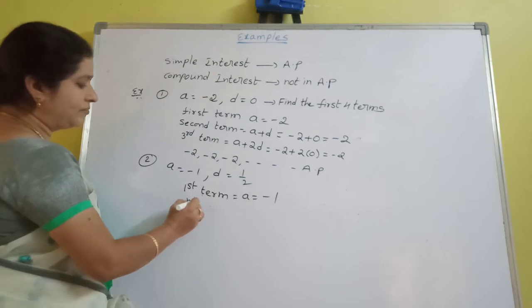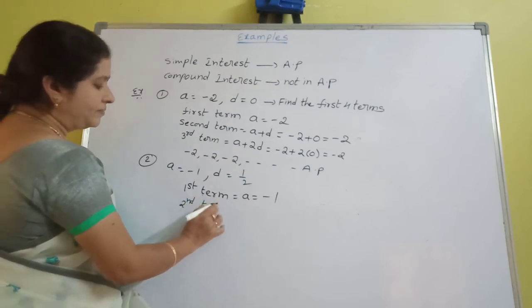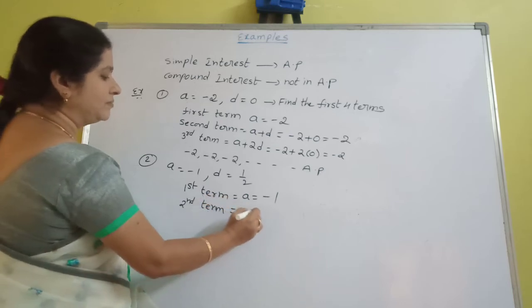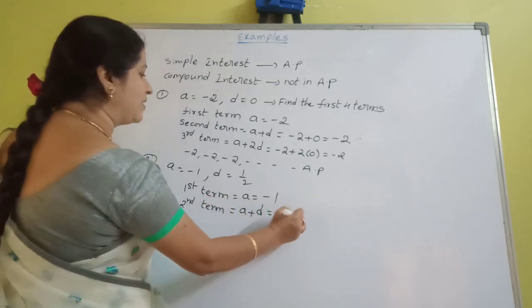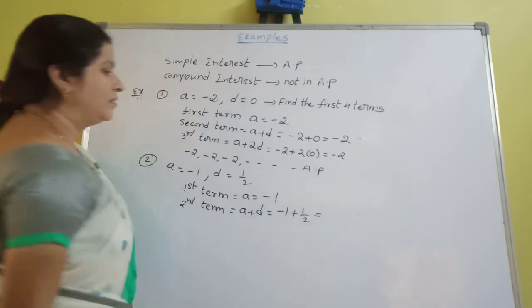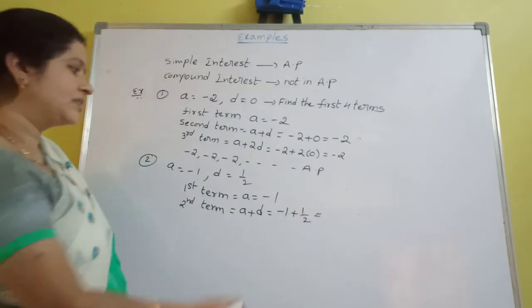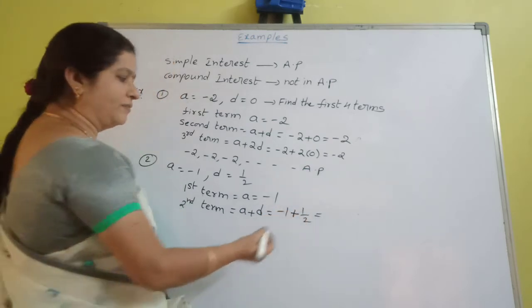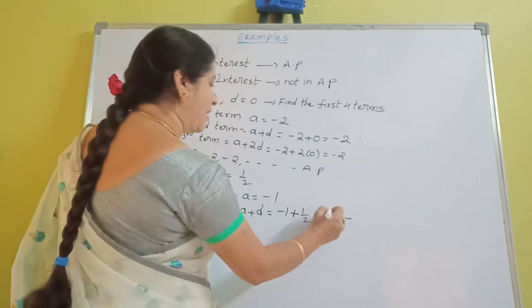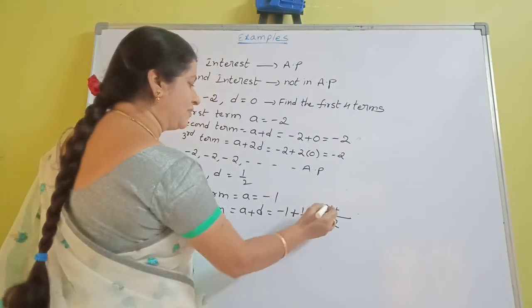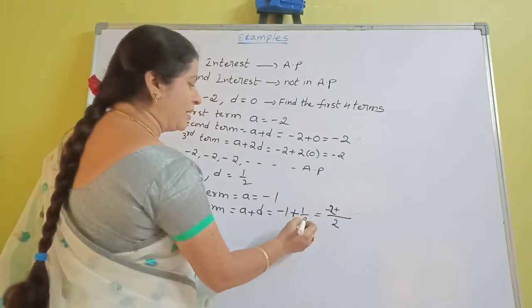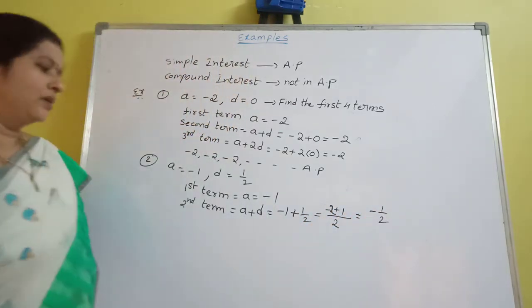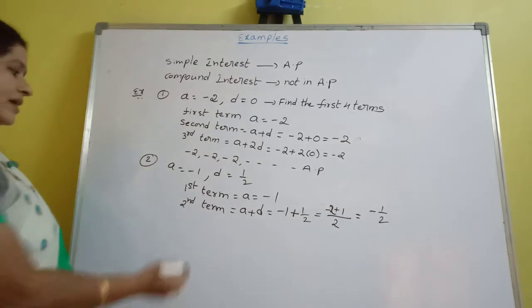What is the second term? How can you find the second term? Apply A plus D. So A value -1, D value 1/2. If a fraction is given, you calculate carefully. Okay. -1 plus half. 2 is the LCM. -1 into 2 is -2, plus 1. So it is -1/2. So -1/2 is the second term.